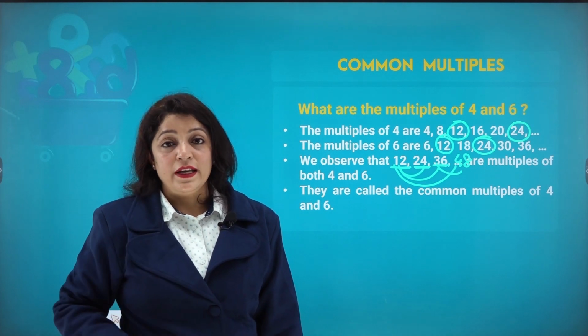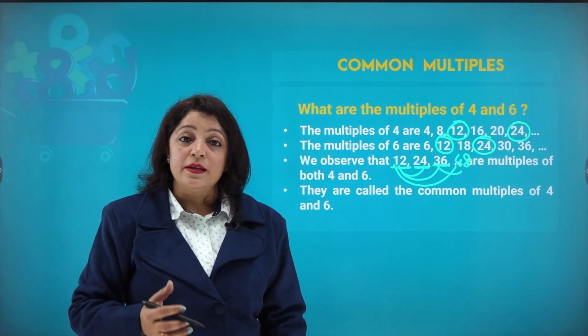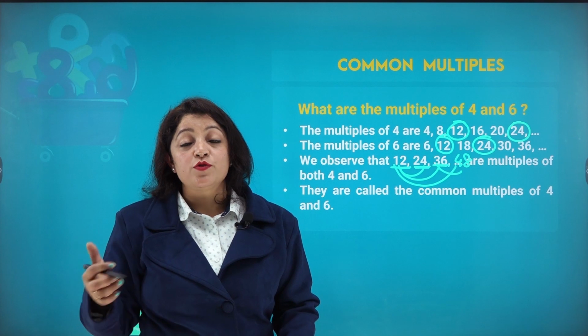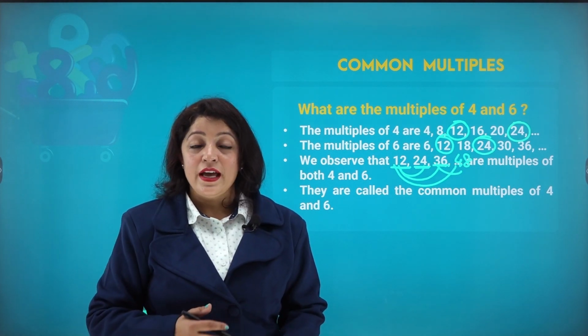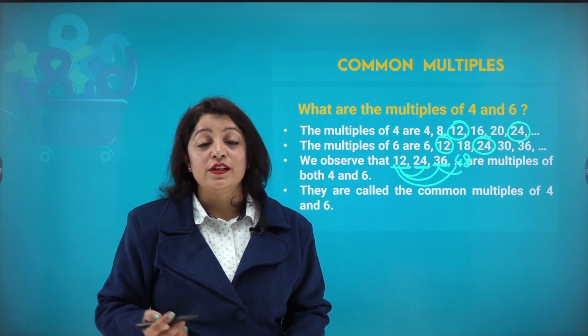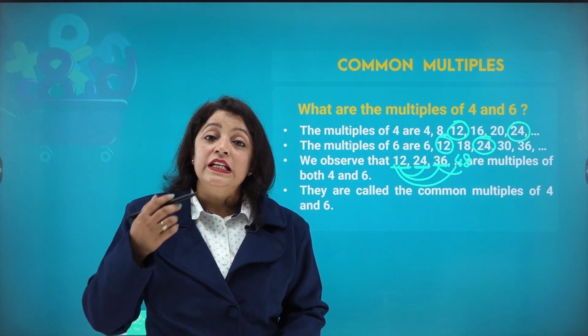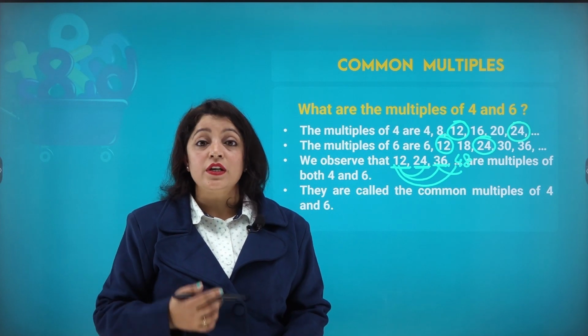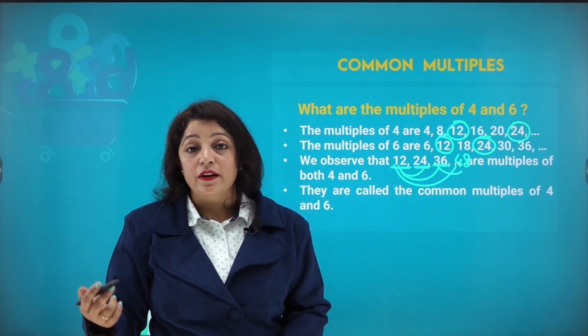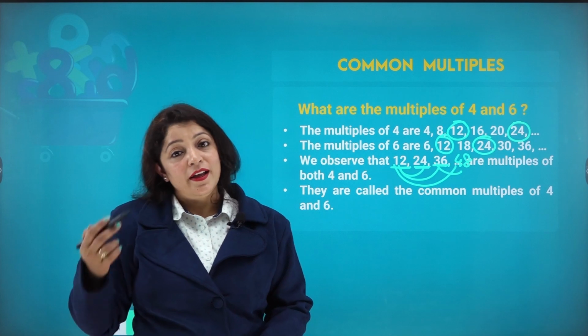So we find here that the common multiples are all the numbers which occur in the table of 12. And from here we arrive at one more topic, the least common multiple, and from the topic of factors we come back to the highest common factor, that is the concept of HCF and LCM.